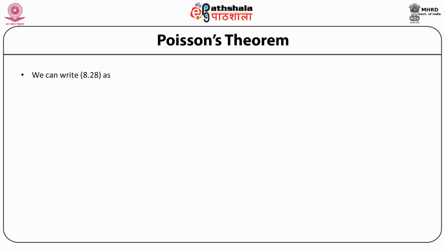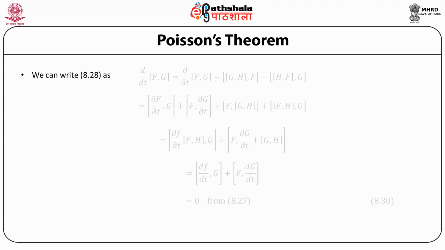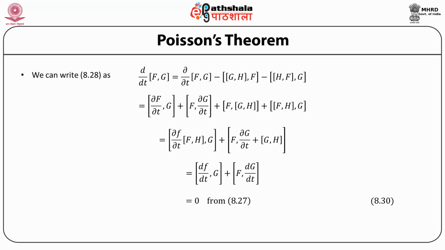Now, from the relation given in equation 8.28, we can write the total time derivative of the Poisson bracket between f and g as shown in the slide, which we can combine terms and which can be written finally as the Poisson bracket between the total time derivative of f and g plus the Poisson bracket of f with the total time derivative of g, which of course is equal to 0 from equation 8.27 we have proved above.